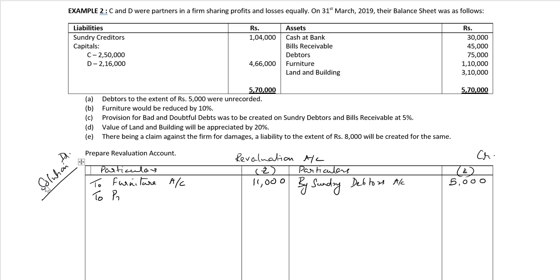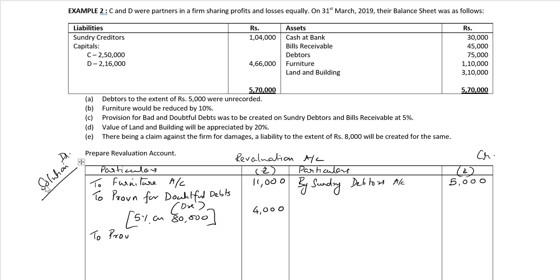To provision for doubtful debts on debtors, we need to calculate 5% provision. There's an increase in the value of debtors by 5,000. So now the debtors value is 75,000 plus another 5,000, which is 80,000 rupees. And 5% on 80,000 is rupees 4,000.